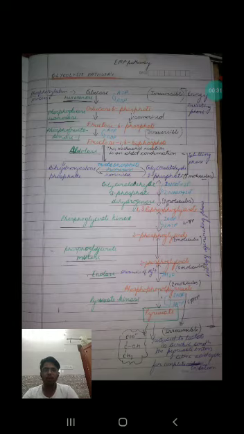converted to pyruvate. In the first step, glucose is converted to glucose 6 phosphate and ATP is changed to ADP, and the enzyme catalyzing this reaction is known as hexokinase. Glucose and glucose 6 phosphate are both 6-membered ring structures.